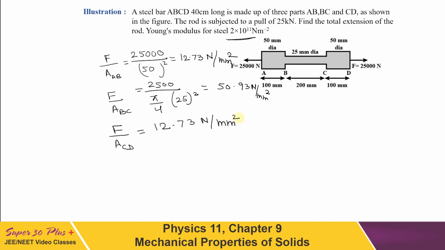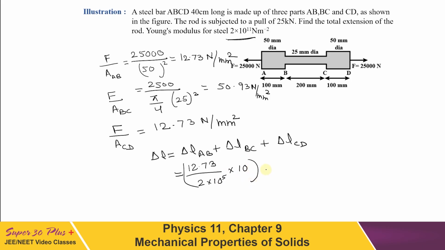Now we can write that the total extension of the rod should be equal to the extension in part AB plus extension in part BC plus extension in part CD. Already we have calculated the stress, so it has to be 12.73 upon 2 into 10 to the power 5 into 10.